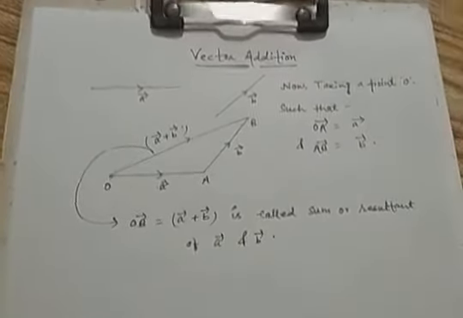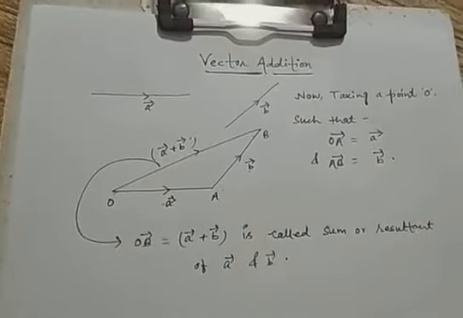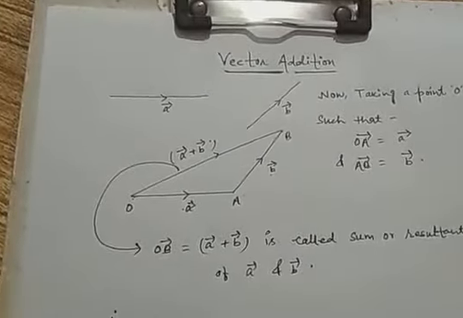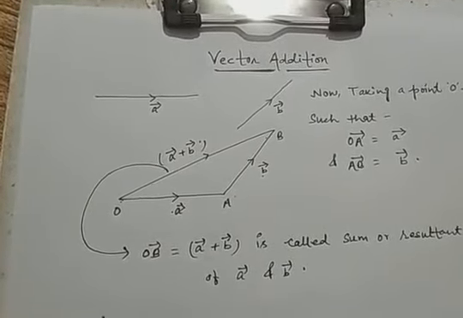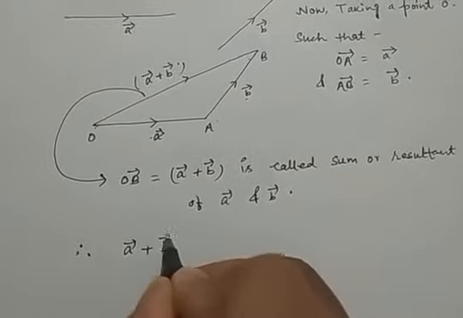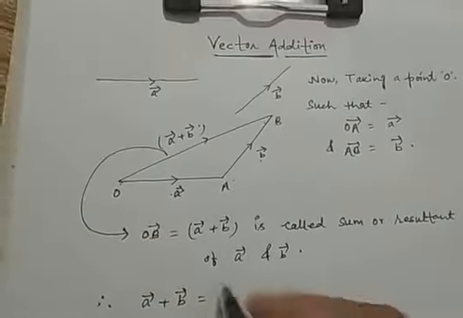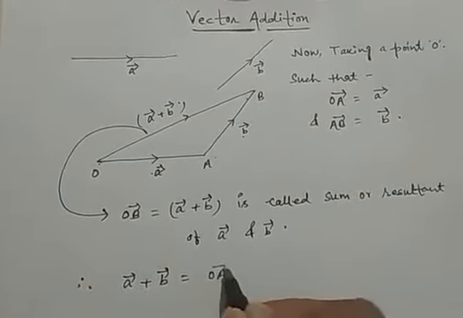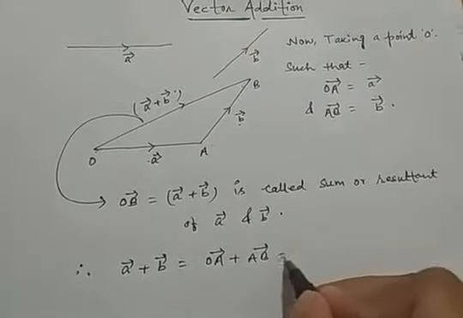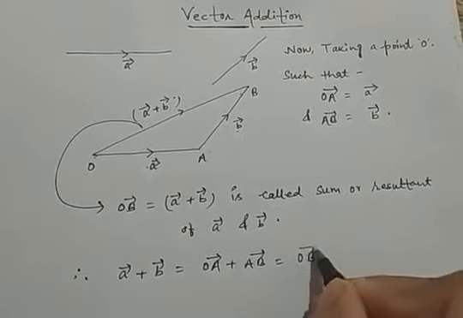Okay students, therefore vector A plus vector B equals vector OA plus vector AB, which is equal to vector OB.